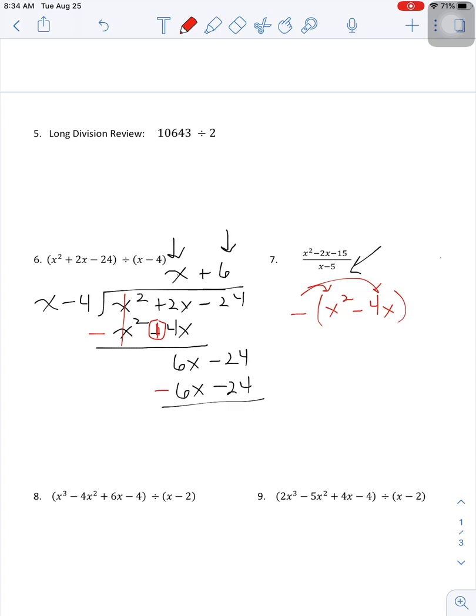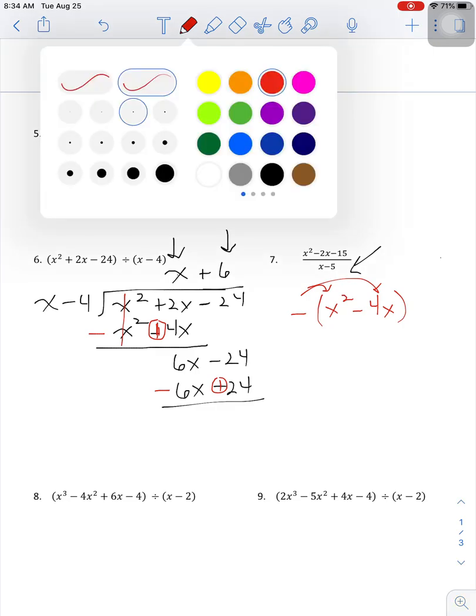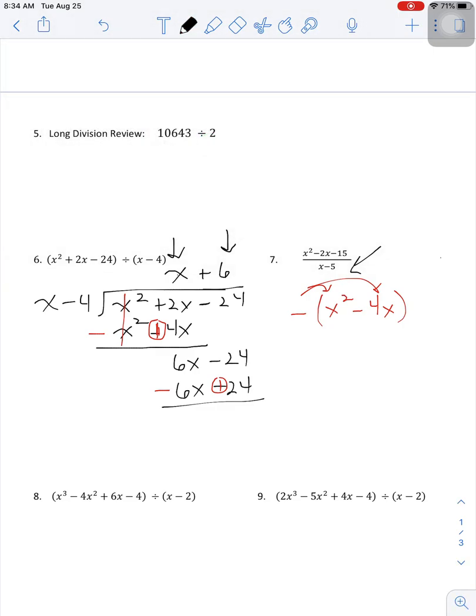Again, when you subtract, it changes the signs of both things. So 6x minus 6x is 0, negative 24 plus 24 is 0. So that means right here you have no remainder.